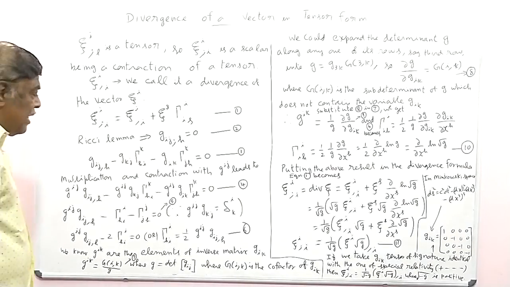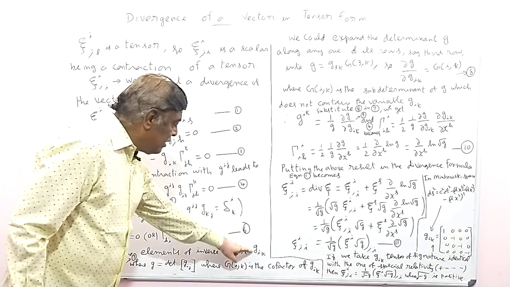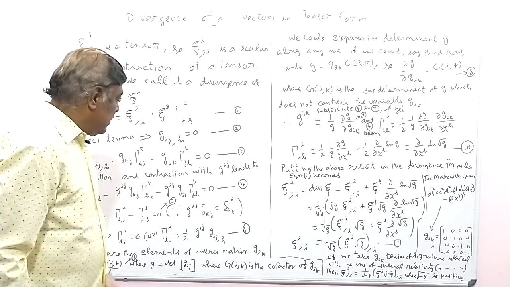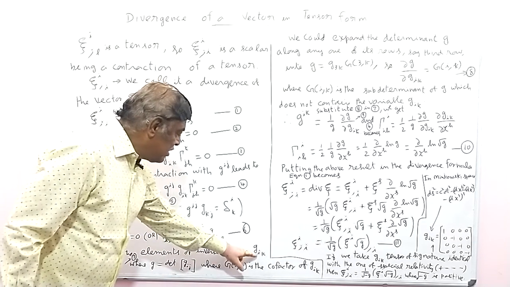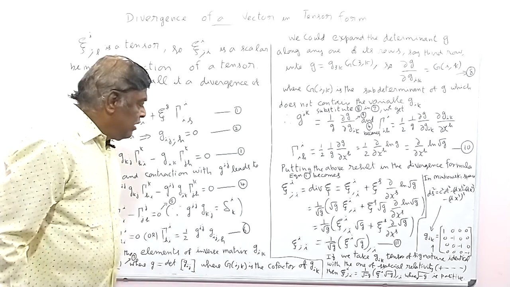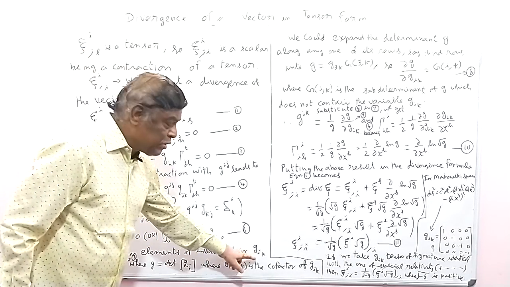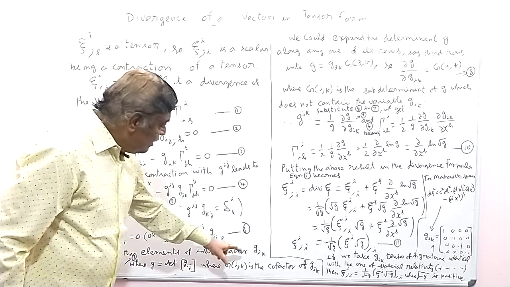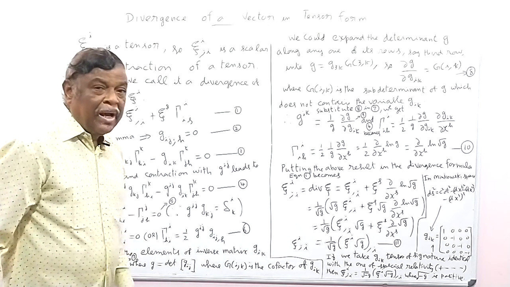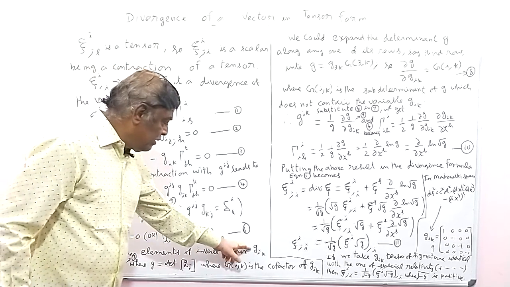Now let us consider a covariant tensor g_ik. Since there are two indices, this can be expressed in terms of a matrix. g_ik is the ik-th element of the matrix.